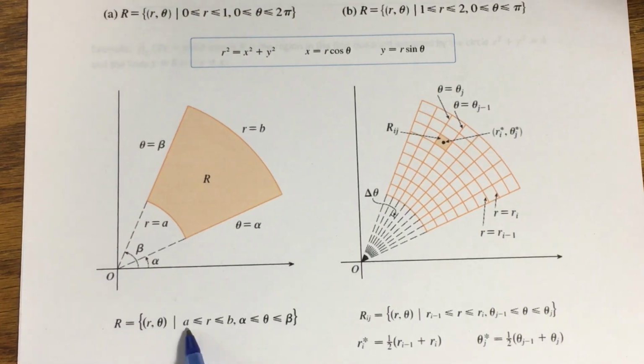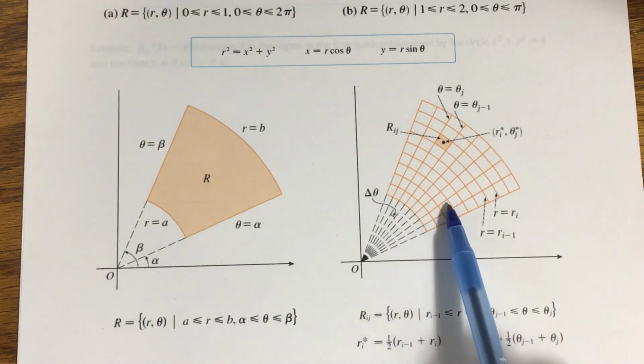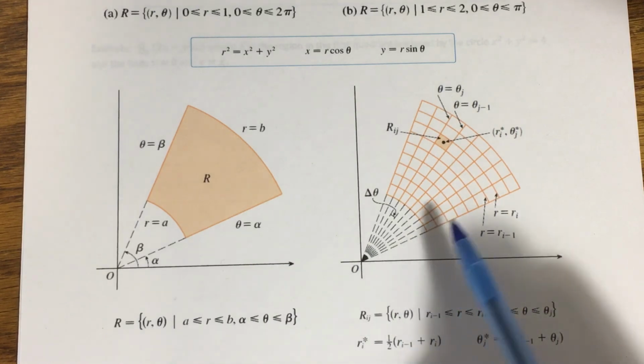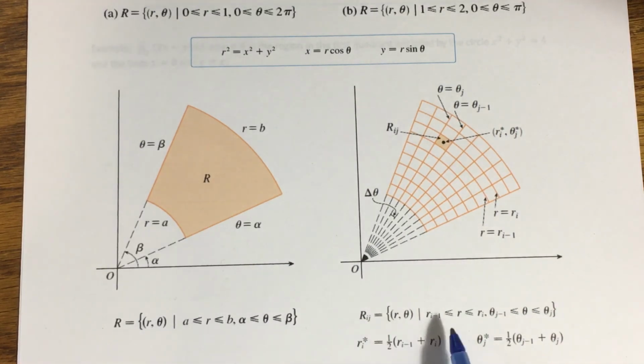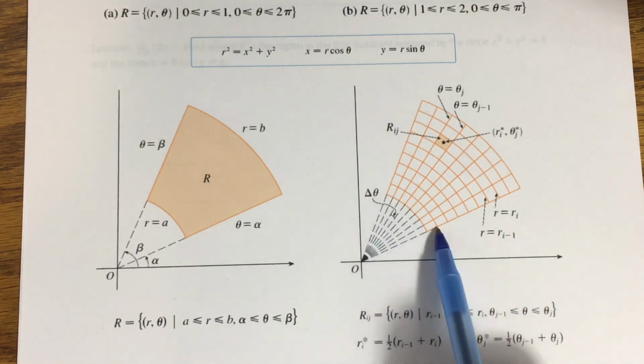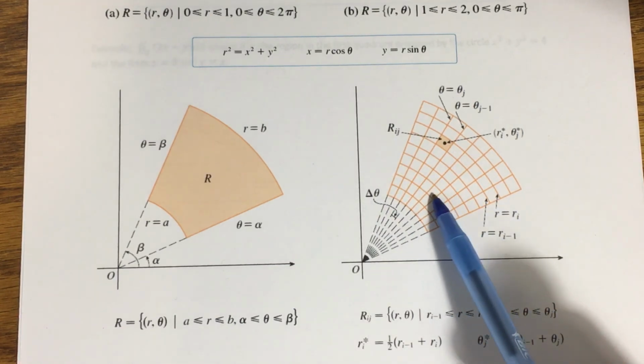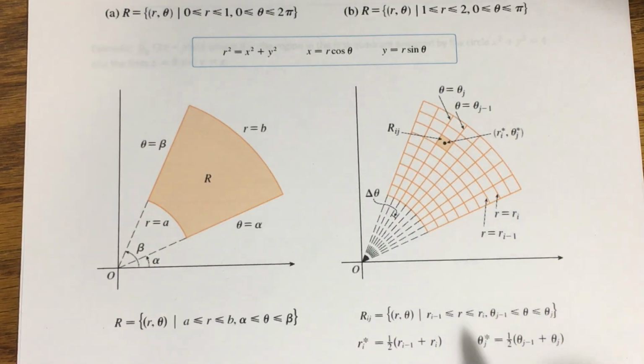If I were to take these two intervals for r and theta and break them up into uniformly sized subintervals, I would get something that looks like this. So, for example, if you take your r and break it up into subintervals using the notation like r1, r2, r3, so on and so forth, then you get basically this series of concentric circles, each of which is equally spaced apart from each other.